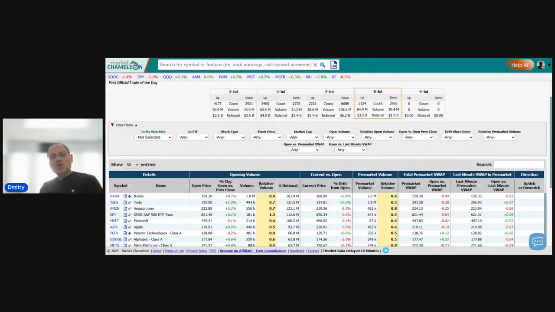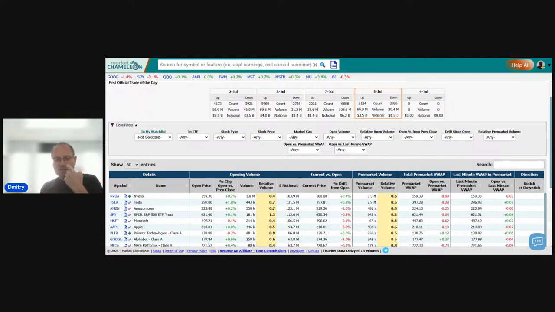So knowing all that, we can start looking at the opening price to get a sense of whether there was anything unusual, a large amount of volume associated with a big price move.